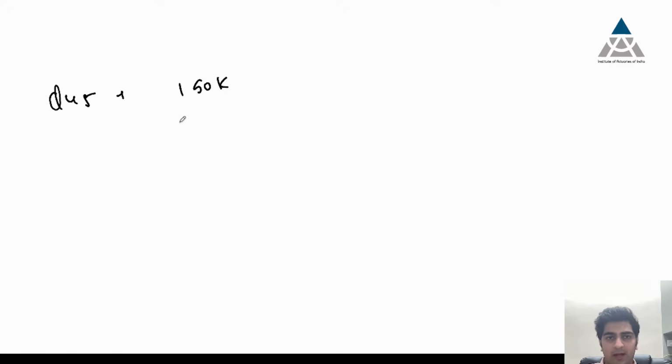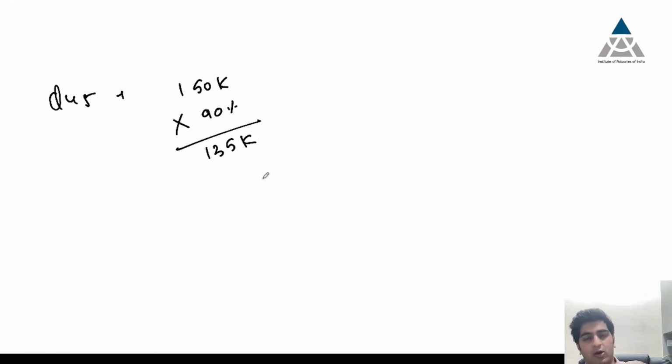We are being asked in which years they operated at least 90% capacity. So if I just multiply this with 90%, it comes to 135,000. So we just need to find out in which years they delivered 135,000 or more packages.